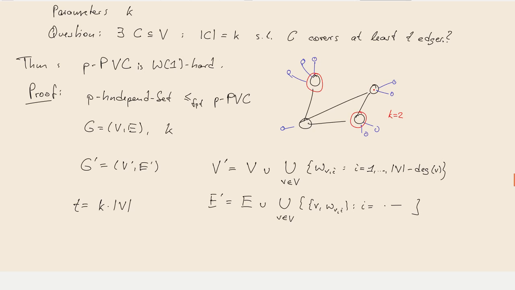So we can assume without loss of generality that there's also a cover that picks only nodes in the old graph. So why is that an independent set in the original one?